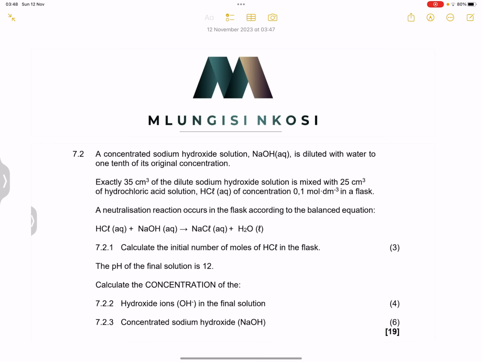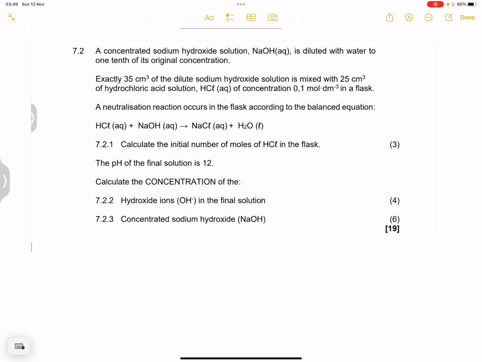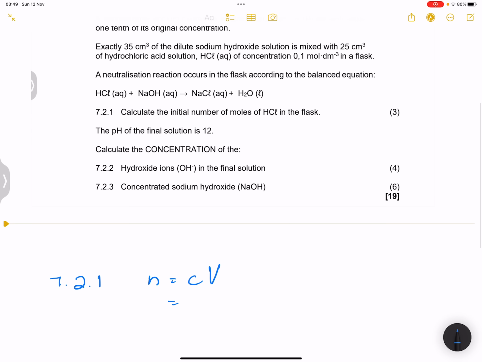So we know that we had a volume of 25 cubic centimeters and a concentration of 0.1. That should be easy enough. And that's why I was saying, guys, when it comes to acids and bases, you can actually just pick up some marks here and there, right?